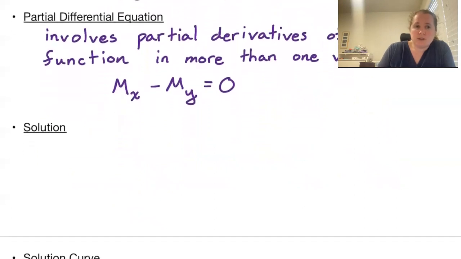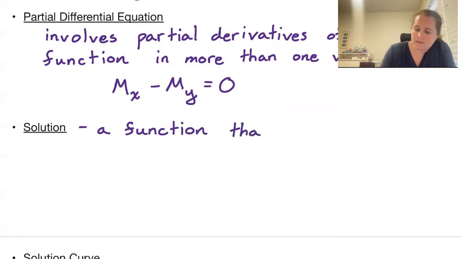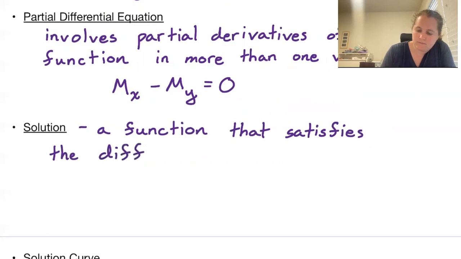A solution to a differential equation is a function that satisfies the differential equation on some open interval.